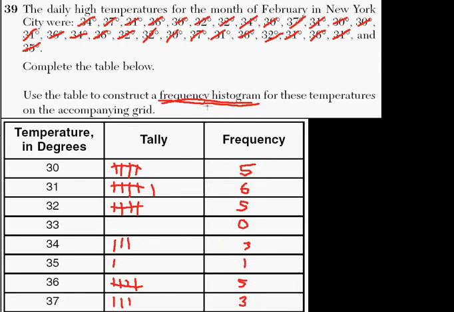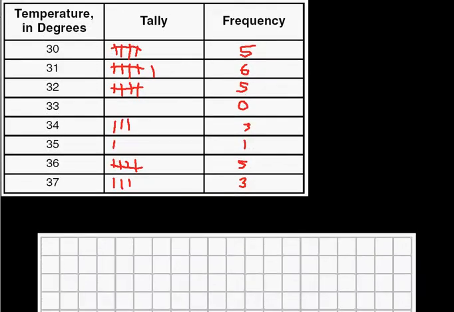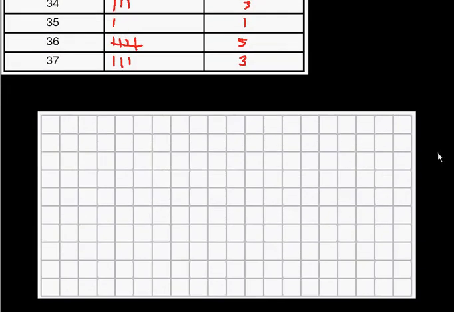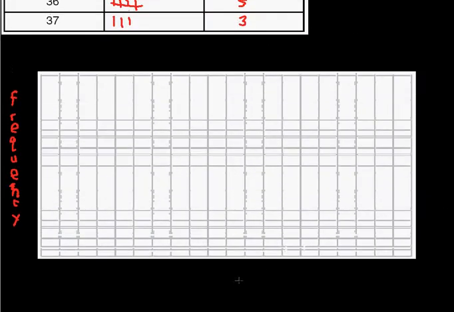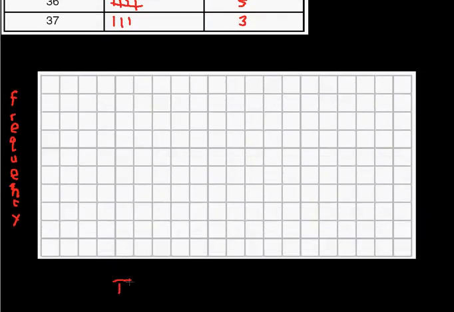Now we're going to make a frequency histogram for these temperatures. And here is our grid down there. We're going to put the frequency on this axis, and on this axis we're going to put the temperature.